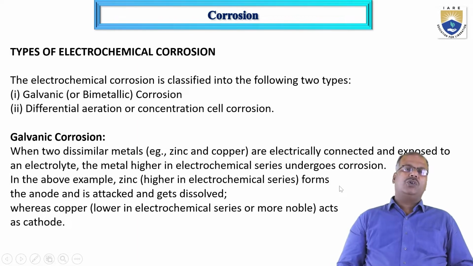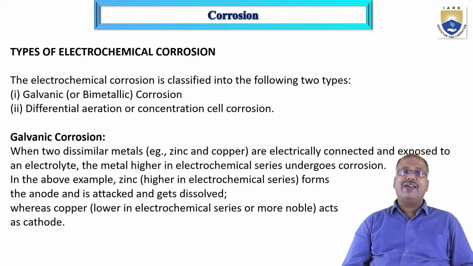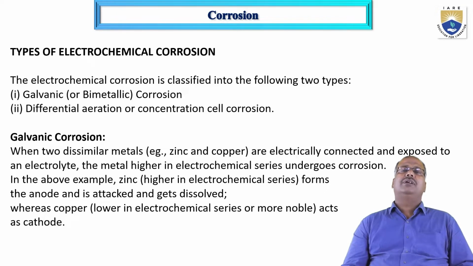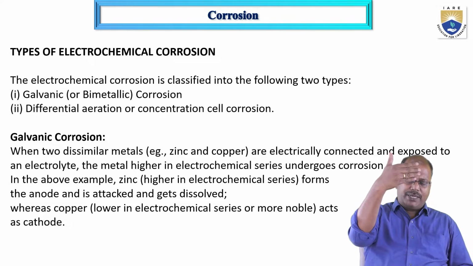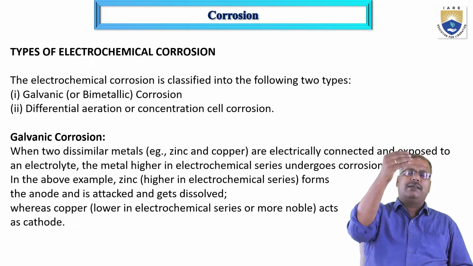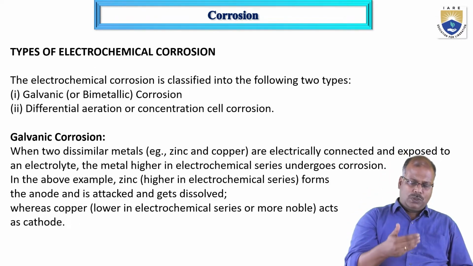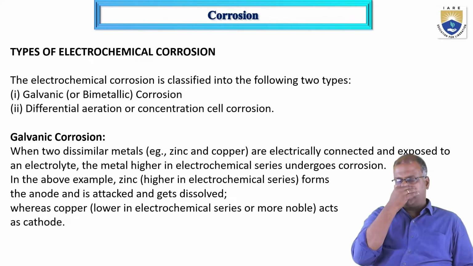In electrochemistry, we have seen the electrochemical series, whereas in corrosion we say galvanic series. The galvanic series is slightly different from the electrochemical series, which is related to it but not entirely the same. What is the galvanic series? The metals are arranged from more reactive, less passive, to less reactive, highly passive.